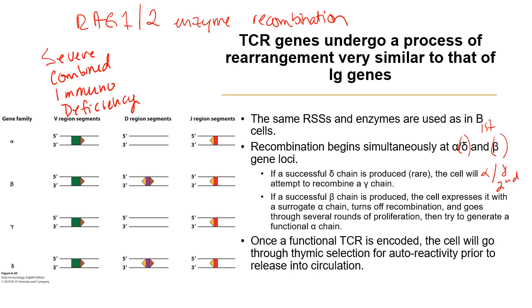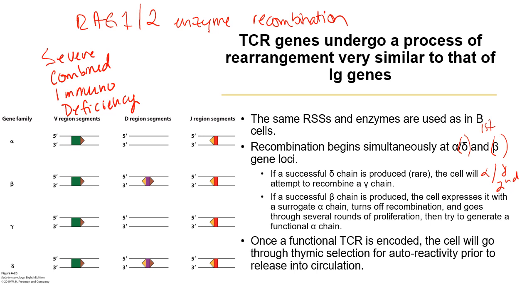And as long as the cell gets pro-survival signals through that temporary placeholder T cell receptor, the cell gets happy and it goes through several rounds of mitosis, just like the B cells did. It's the same basic process, except most of this process takes place in the thymus for T cells. After the mitosis rounds, it will attempt to recombine an alpha chain.